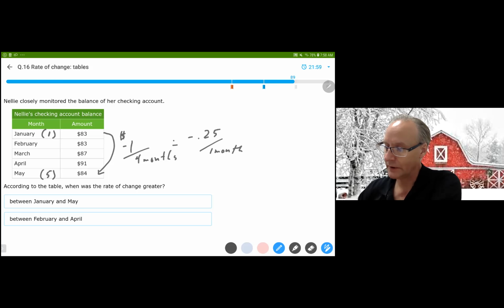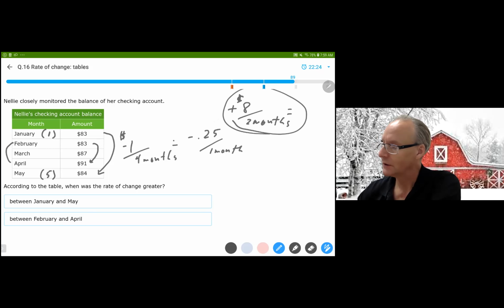Between February and April, it's over a period of 2 months. It actually went up. Looks like it went up $8 over 2 months, which is $4 per month. And when was it greater? Well, clearly that's a much greater change from February to April.